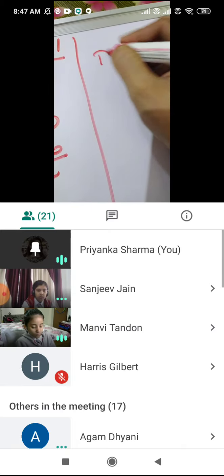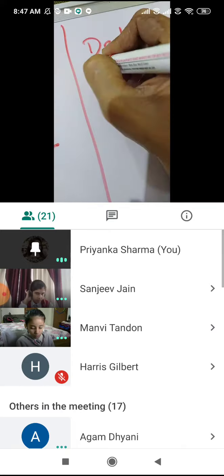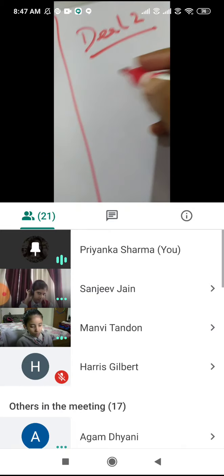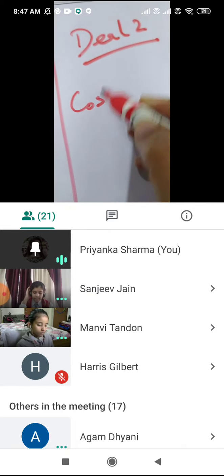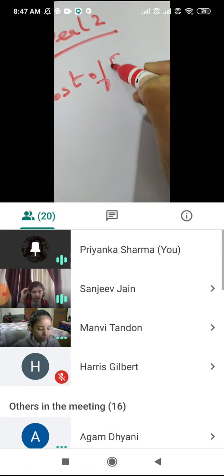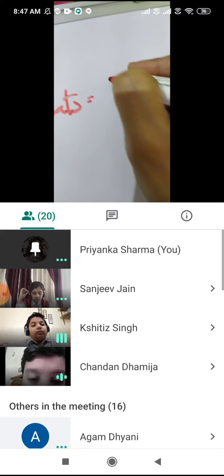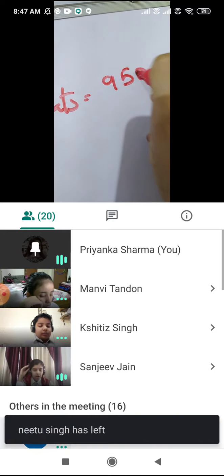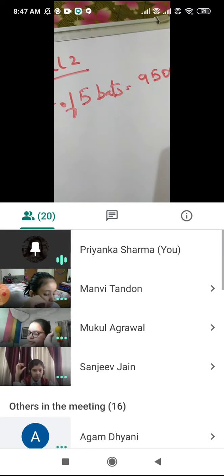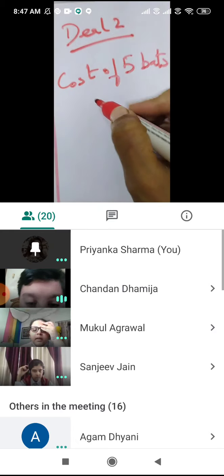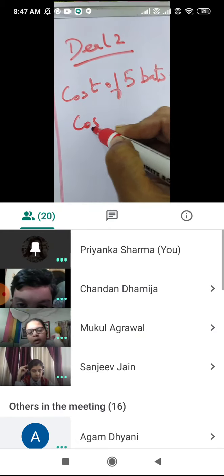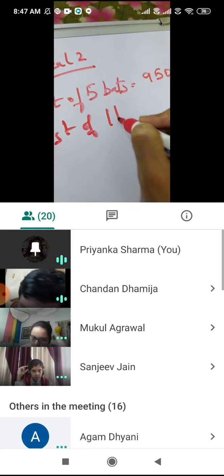Now we are going to come to deal two. Let's come on to deal two. What is deal two? Cost of five bats. How much is the cost of five bats given? Yes, very good. 9,500 is the cost of five bats. Now we have to find out the cost of one bat.